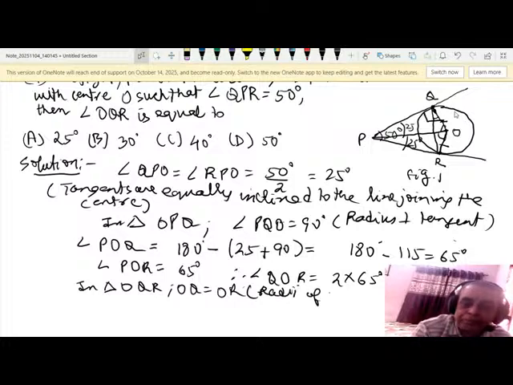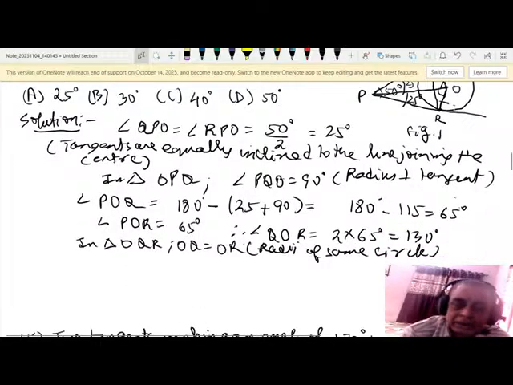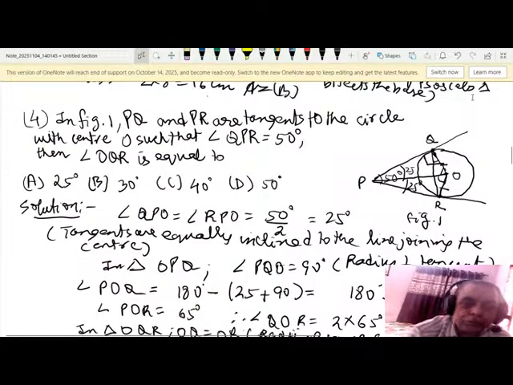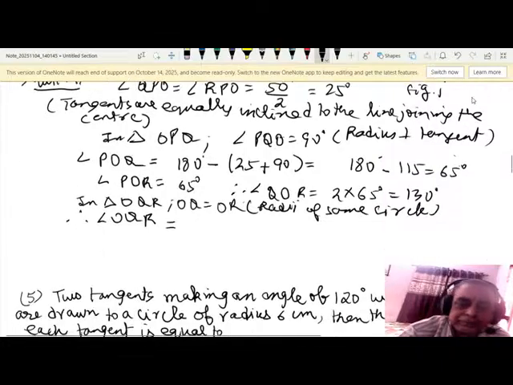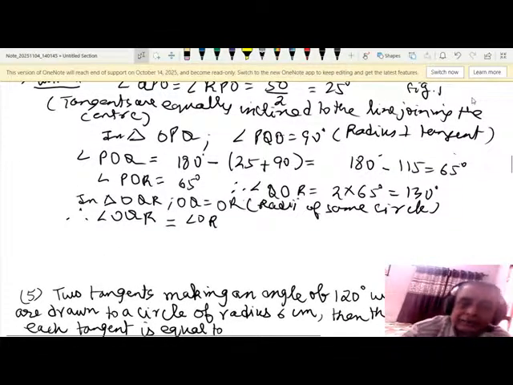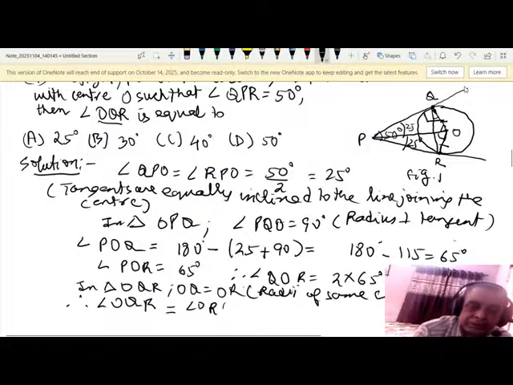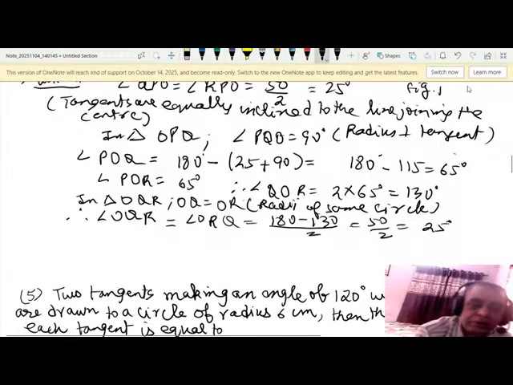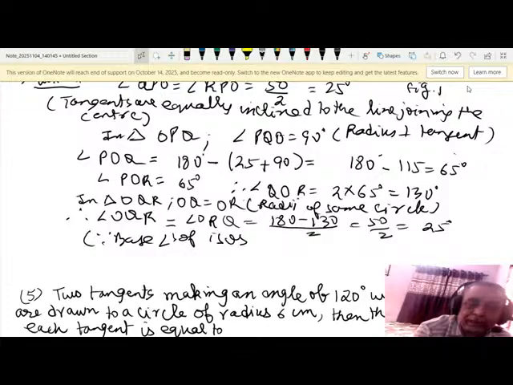So angle OQR, which we are asked to find, will be equal to angle ORQ, and each will be (180 minus 130) divided by 2, which is 50 divided by 2, or 25 degrees, because the base angles of an isosceles triangle are equal.